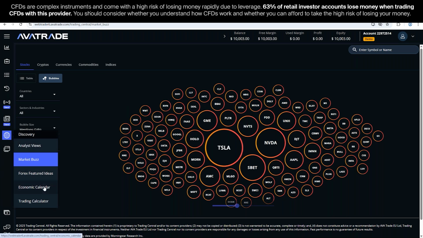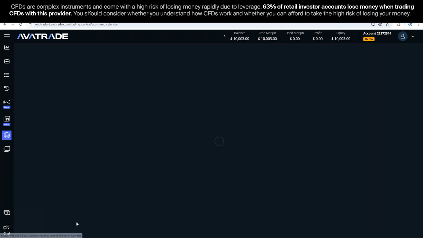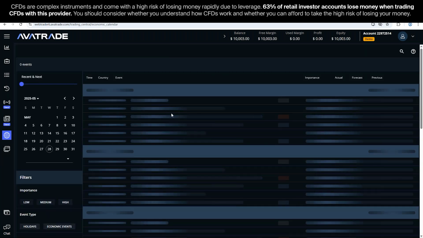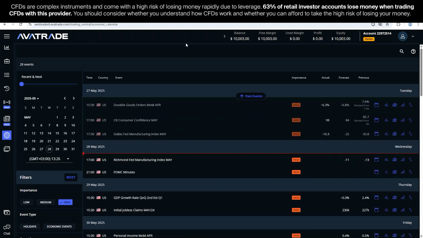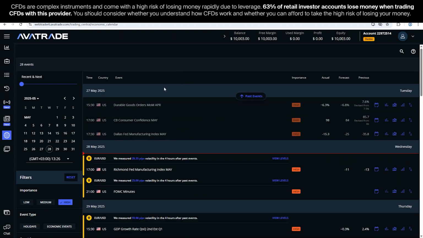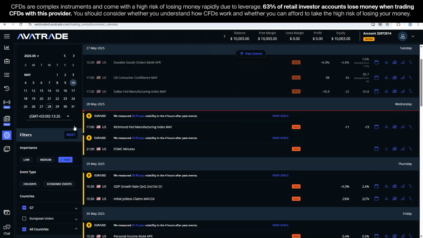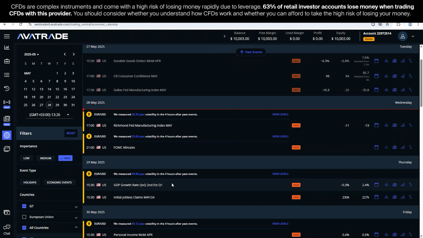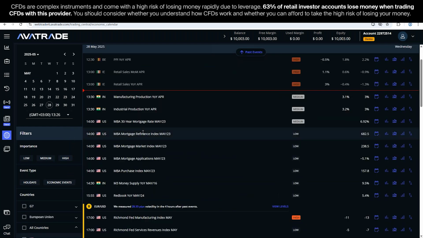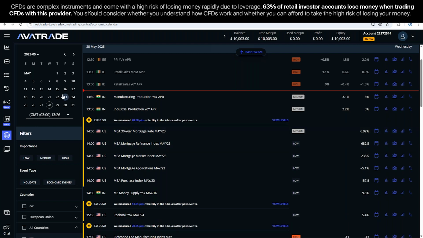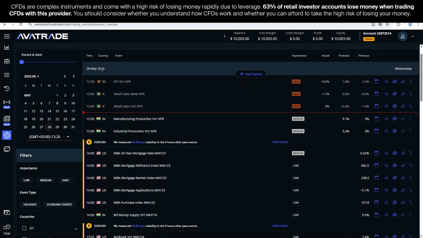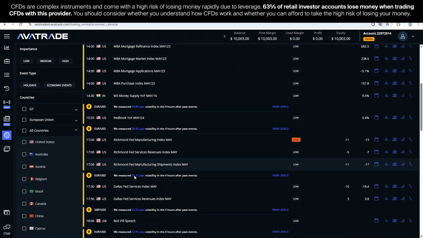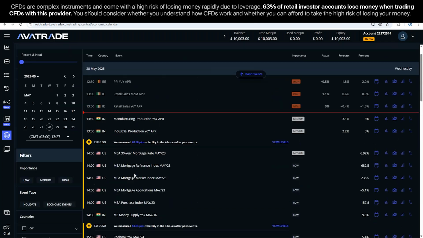Here at the bottom in Discovery, we've also got the economy calendar, which is extremely useful if you want to get familiar with more governmental decisions. We see that some things here are selected. To clean the selection very easily, we can click here on Reset and we are back in default. And we see that we are on the 28th, but what if we want to see another week?